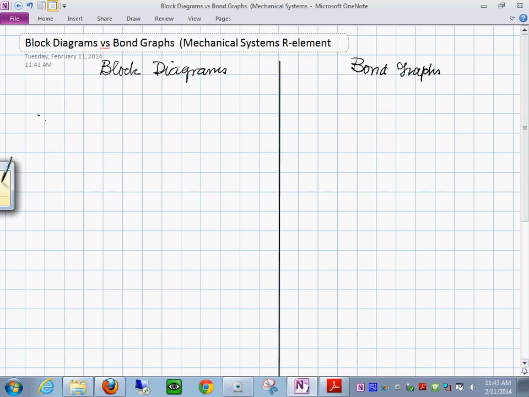Let's see, we usually draw it like this. And in here, this is what we do. So this is the R element in here.